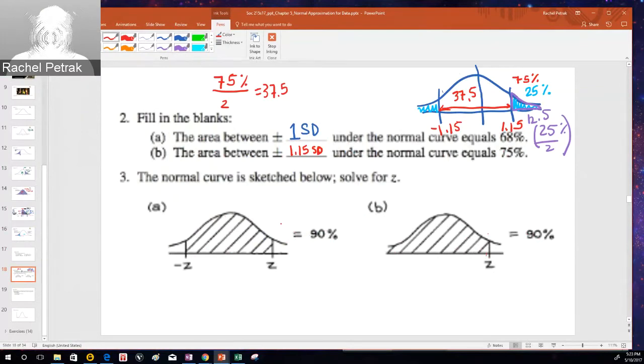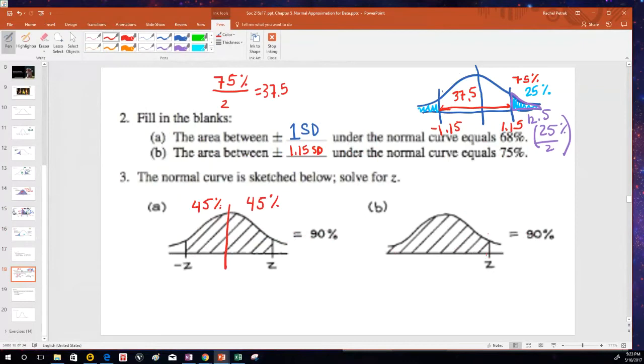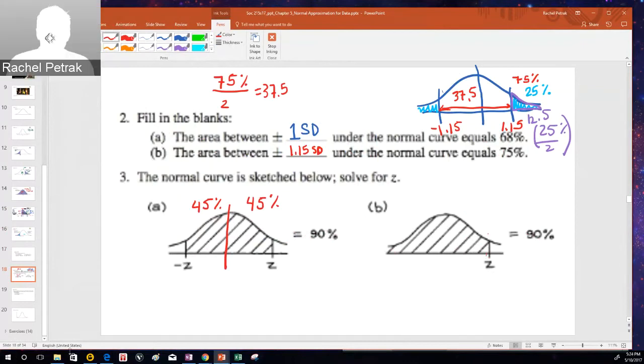We know that this 90% is going to be centered around the mean. So I know that I'm going to have 45% on each side. And I can just use the Z table to find that 45% in the mean to Z column, and then use that to find the corresponding Z score.